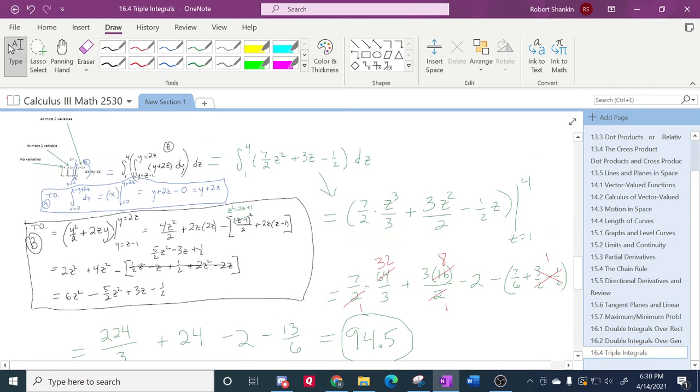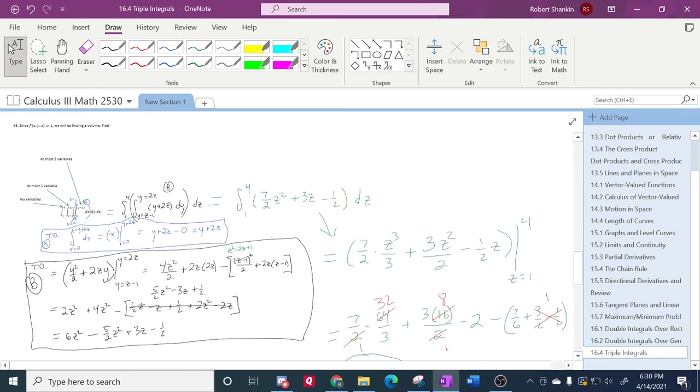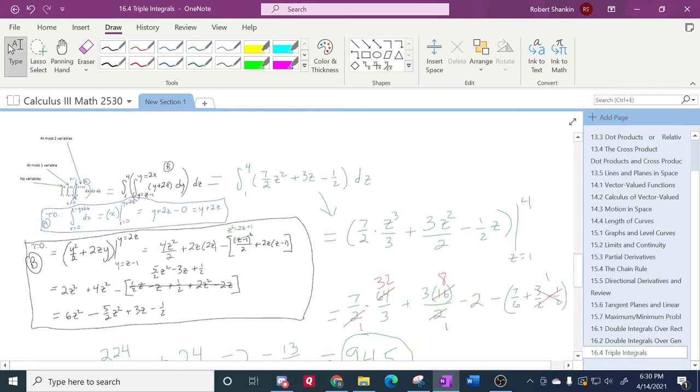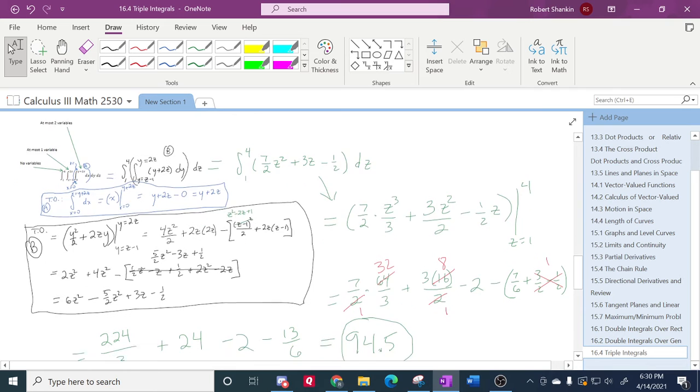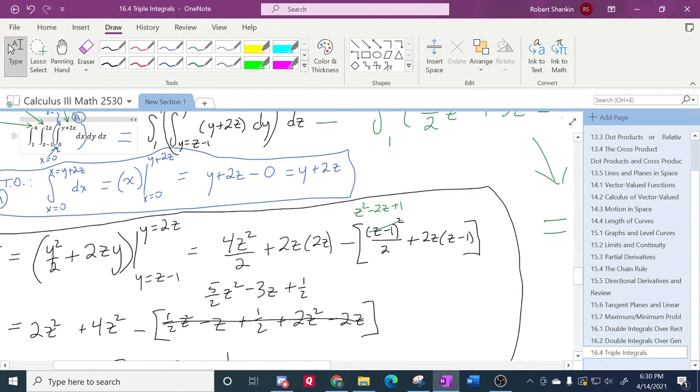Well, we knew since f of x, y, z was 1, we'll be finding a volume. So it's the volume of what? We had all the different things. Now look at this integral. The z went with the outer one. Z was between 1 and 4.